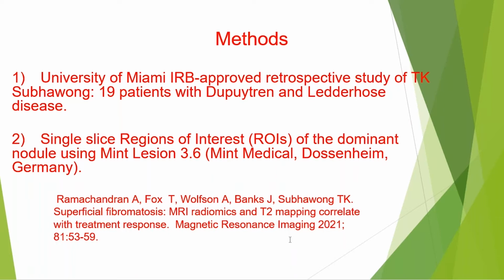I have to especially acknowledge my colleagues who helped in developing this project and the latest publication, in particular Tai Subawang, who really has the institutional research protocol for the T2 mapping of patients with benign superficial fibromatosis.